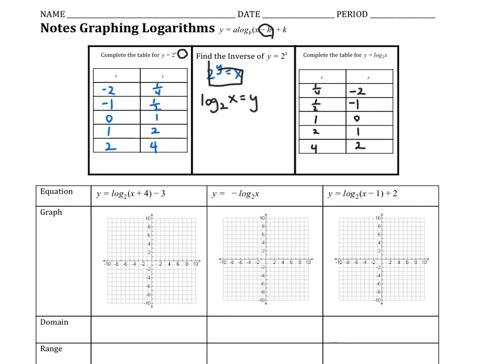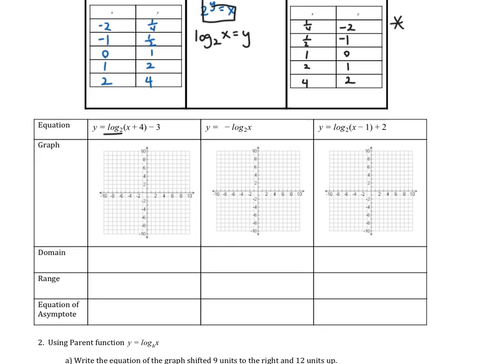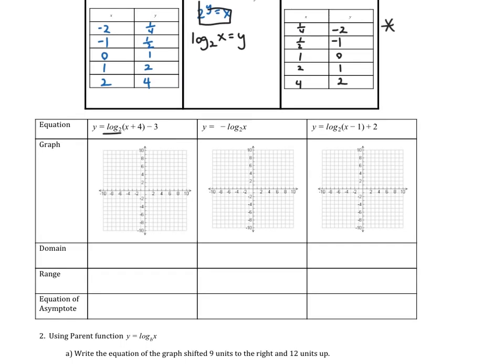So let's look at this first problem. I'm still looking at log base 2. So this is essentially my parent function equation. And I'm going to graph this the exact same way that I've graphed every type of parameter change with any type of quote-unquote parent function. So I have x minus 4, and then y minus 3. It's going to be easier to do our y values, so why don't we do that first?